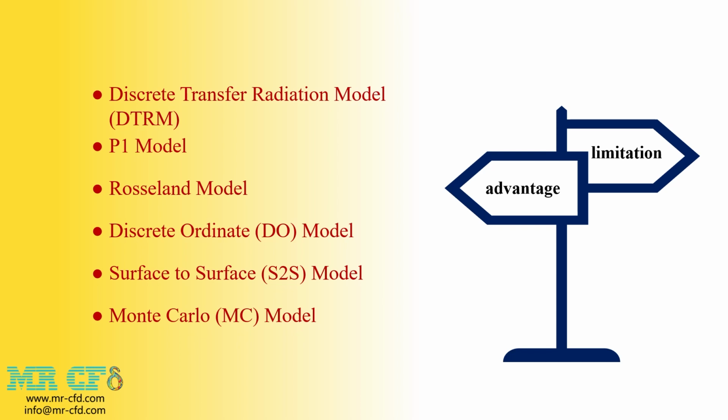Each method has a series of advantages over other methods, and on the other hand, there are a series of limitations in its use. Adequate knowledge of these advantages and limitations will help us better understand the difference between these methods.